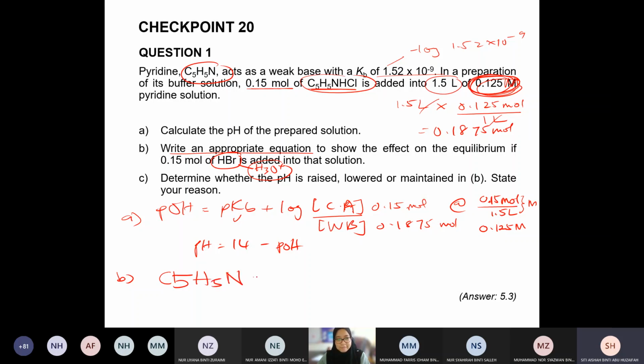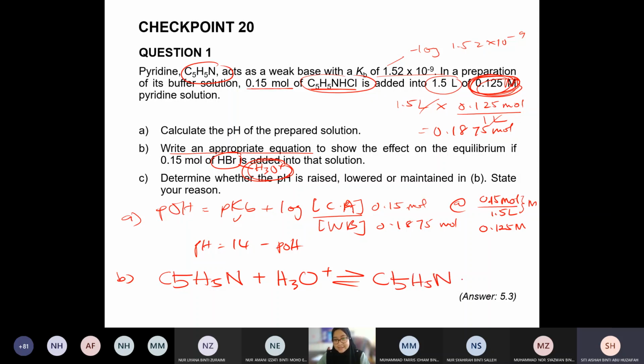Tambah dengan H3O+. Tak payah tunjuk HBr tu. Buat H3O+. You tahu kalau HBr dia supply H+, H+ we combine with H2O to produce H3O+. So this H3O+ yang akan cause the pH to be lowered ataupun to reduce. Okay, alright. So dia akan jadi, tengok tu lagi sekali.